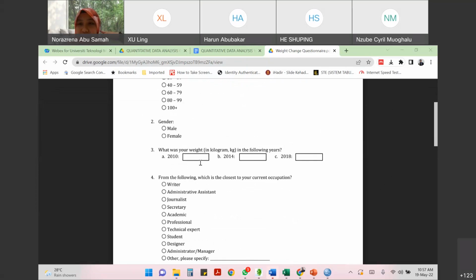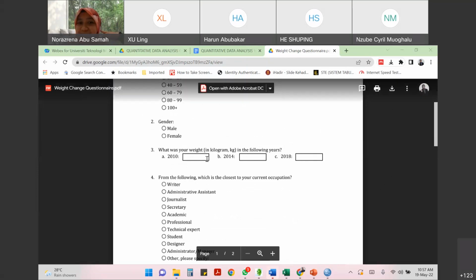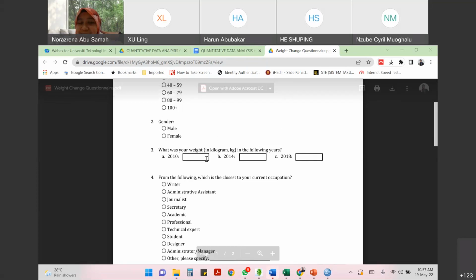How does it look? Oh, this is interval. Ratio. Yes, weight is ratio because 0 kilogram means you have not been born yet.